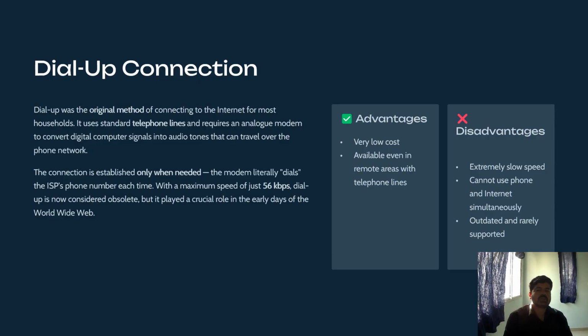Every time you want internet, the modem dials the ISP number. It has maximum speeds of 56 kilobits per second. To give you an idea, today even a small image is larger than what dial-up could load quickly.